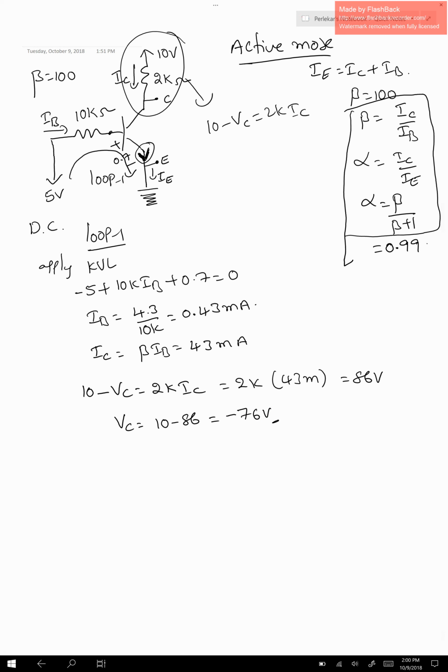So VC is negative 76 volts. VCE: we know E is directly grounded, so VE must be 0. VCE equals VC minus VE, which is minus 76 minus 0, so we'll end up with minus 76, which is less than 0.3 volts.